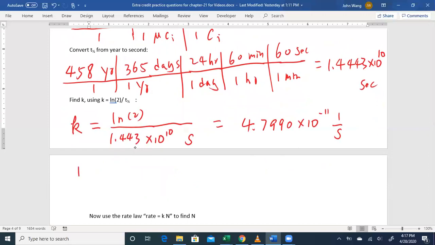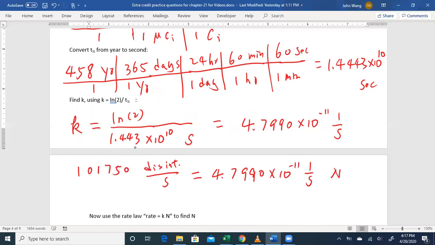We have 101750 DPS, meaning disintegrations, I'll use the abbreviation per second, equals K times N. K we just found, 4.7990 times 10 to the negative 11 per second, then times N. So solve this equation for N.